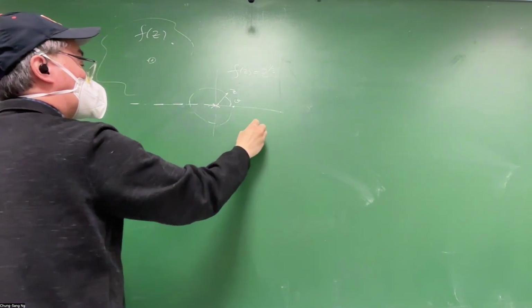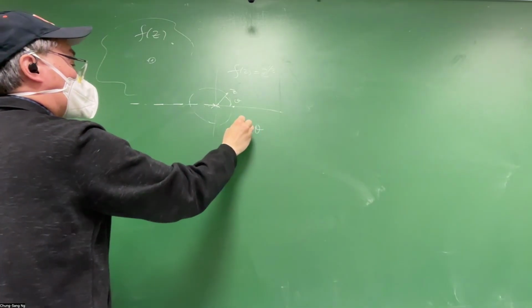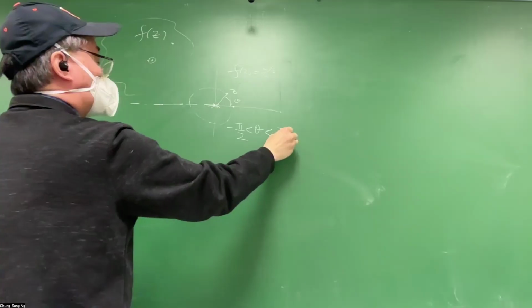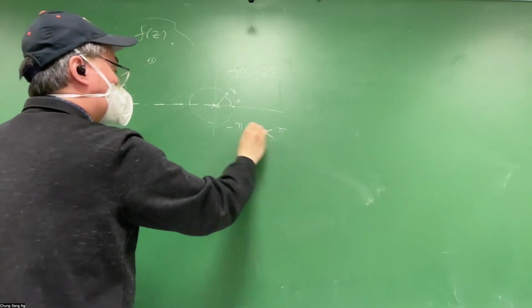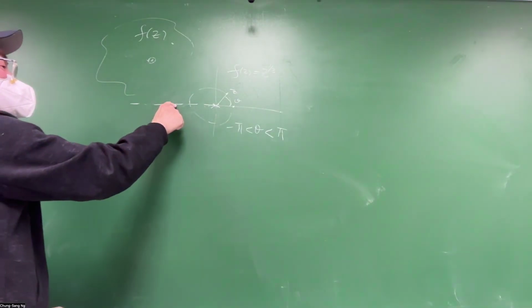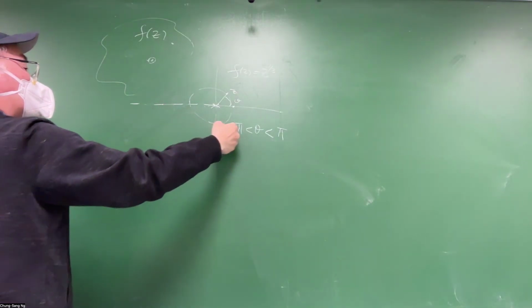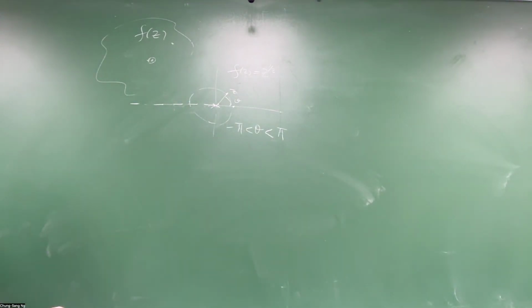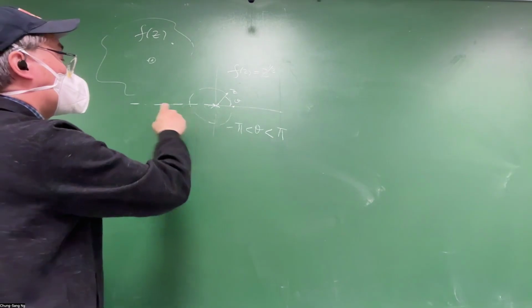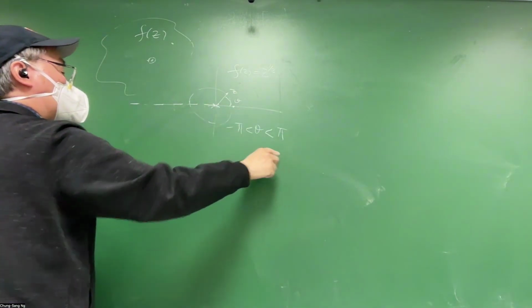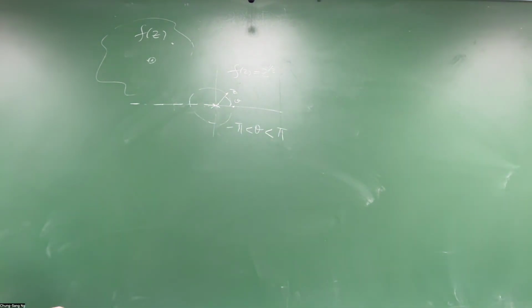The branch cut restricts your value of theta to minus pi to pi. This is minus pi when you get close to the branch cut. They go around to above it and become pi. So after you have a branch cut, you define the range of your variable.